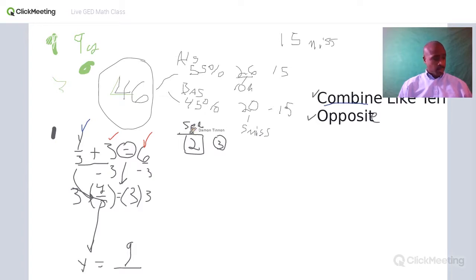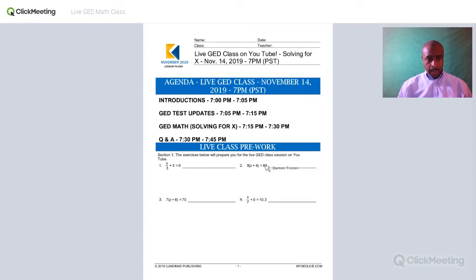Now, let's go to number 3. Go back to our worksheet here. Number 3 is 7 times the quantity of z plus 6 equals 70.